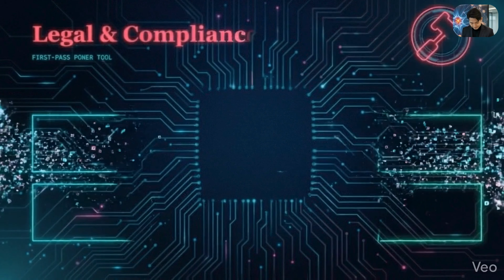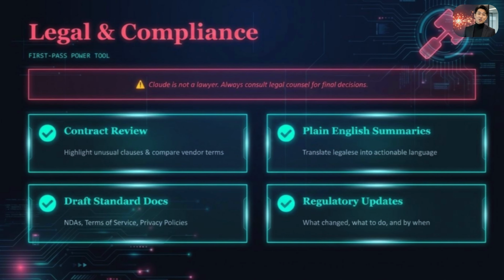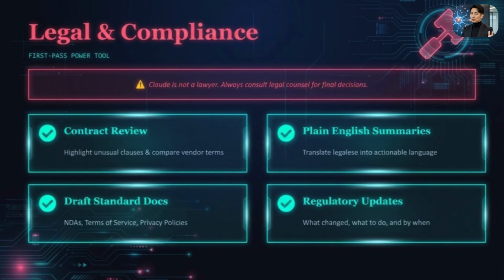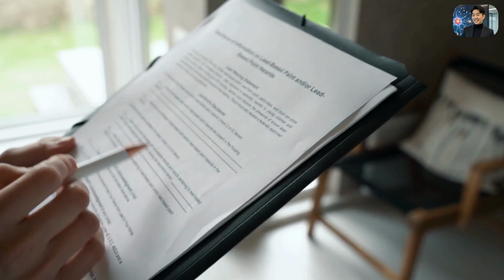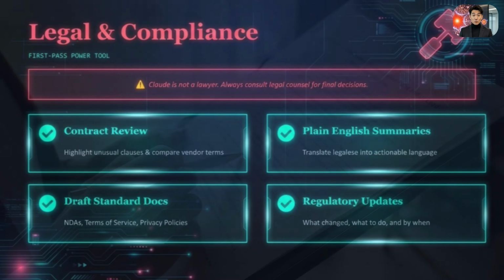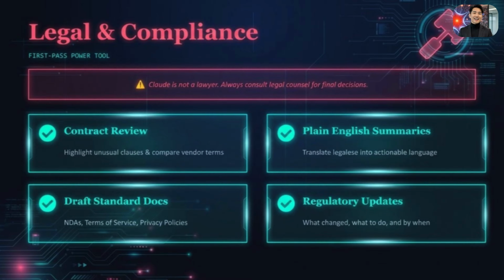Now let's talk about legal and compliance. I want to be clear, Claude is not a lawyer and should not replace legal counsel, but it is an incredible first-pass tool. Claude can review contracts and highlight unusual clauses, summarize lengthy legal documents into plain English, compare terms across multiple vendor agreements, and draft initial versions of standard business documents like NDAs, terms of service, or privacy policies.